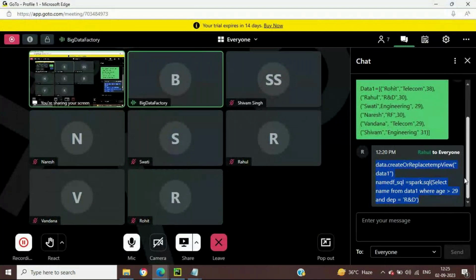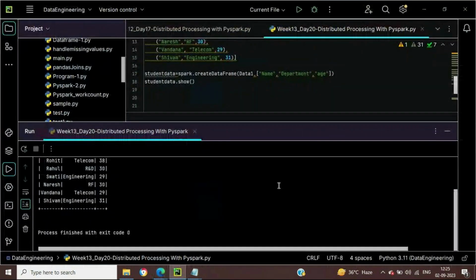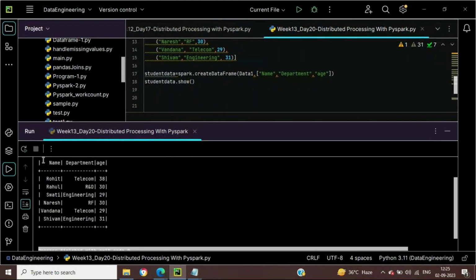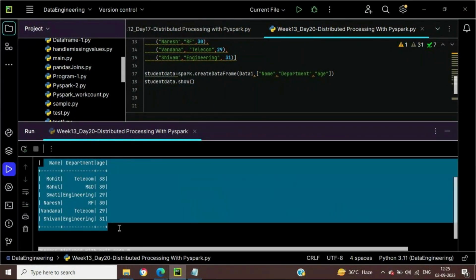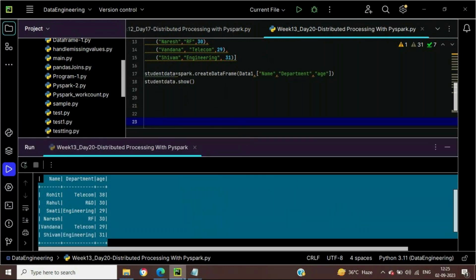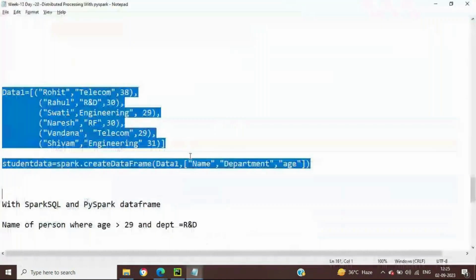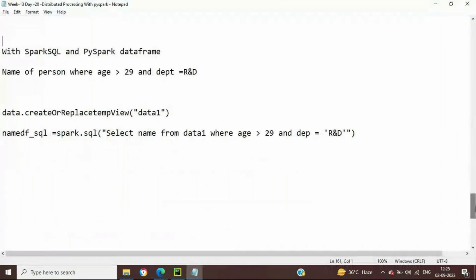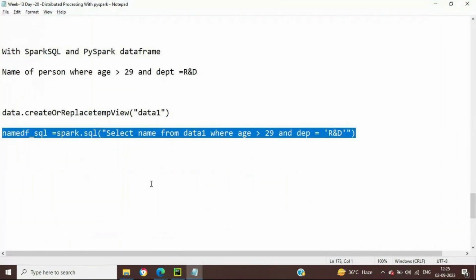Rohit, Vandana, Swati, Shivam, why are you not trying? So we are having this particular data frame.